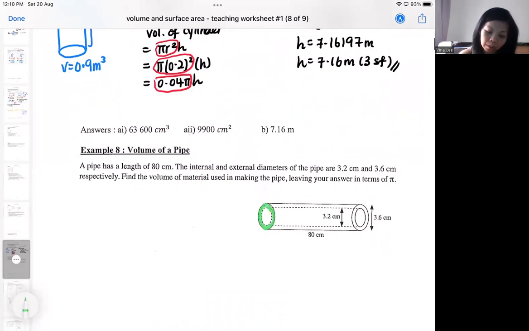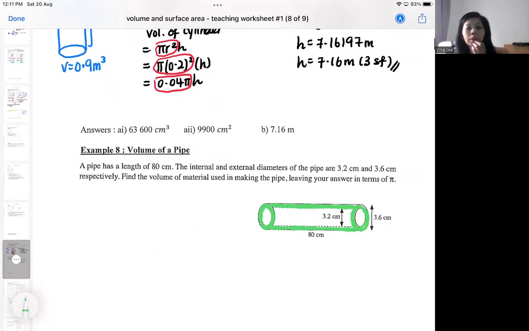There's a circular ring, and you use the material with a certain thickness to make the pipe. Your job is to calculate the material to make the pipe, and to leave your answers in terms of pi.